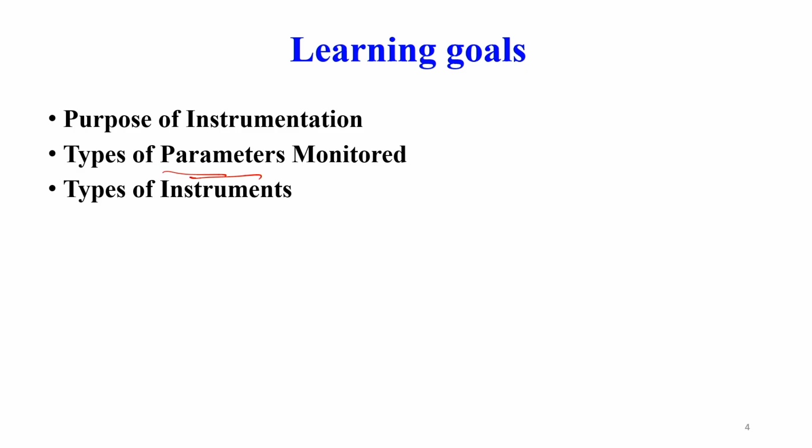Basically, when we say instrumentation, it means we are going to monitor certain parameters. These parameters can be classified as physical, chemical as well as biological parameters. Then what are the different types of instruments which are applied to monitor these parameters.